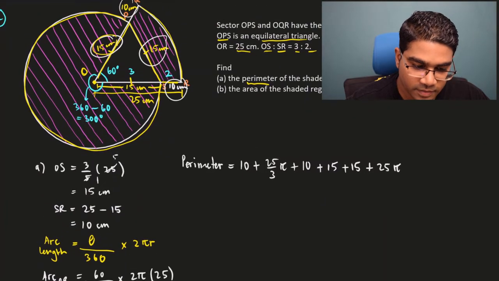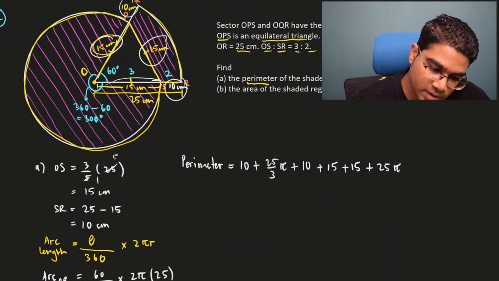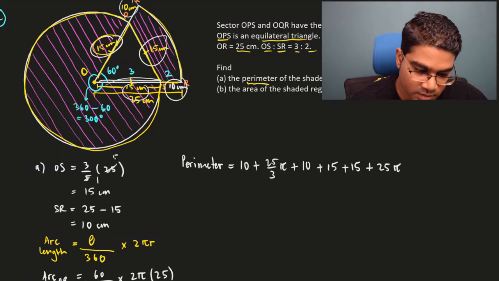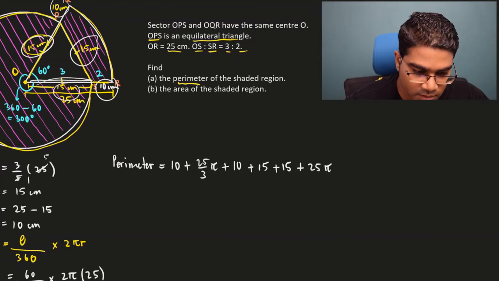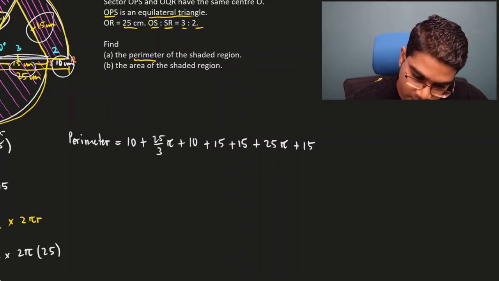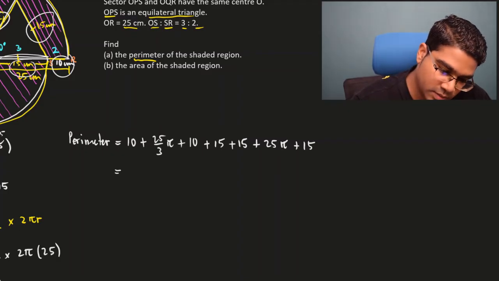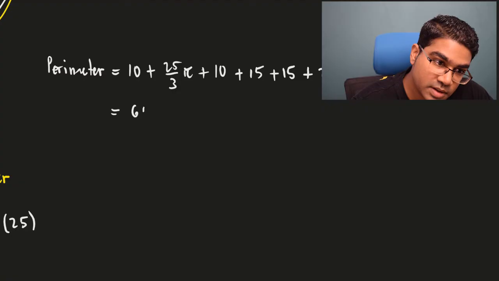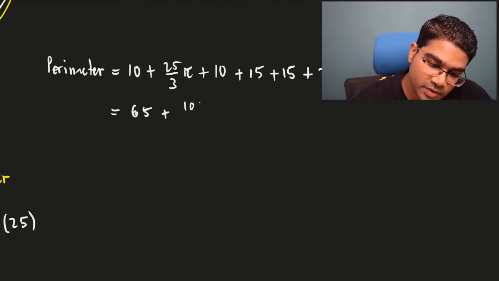And then we have another one here, which is OS, so plus another 15. This will give us 65 plus 100 over 3 pi.